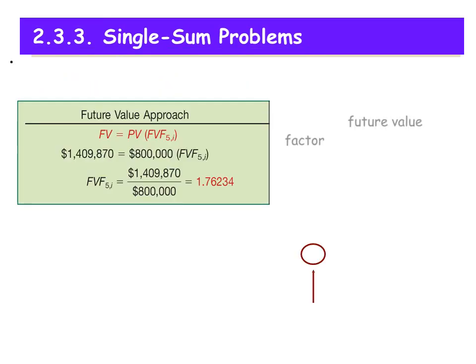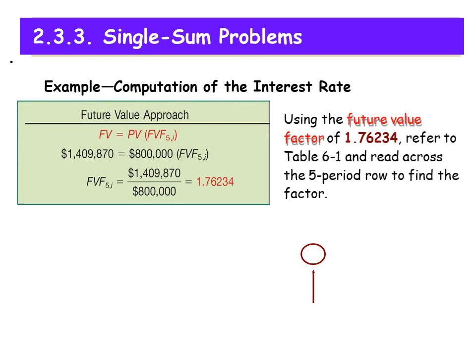Let us calculate by the future value approach. Future value is equal to present value times the future value factor at 5. Then our future value 1,409,870 is equal to $800,000 times the future value factor.